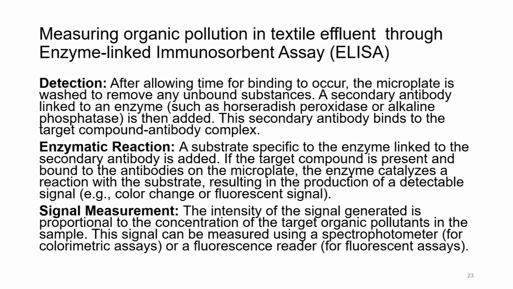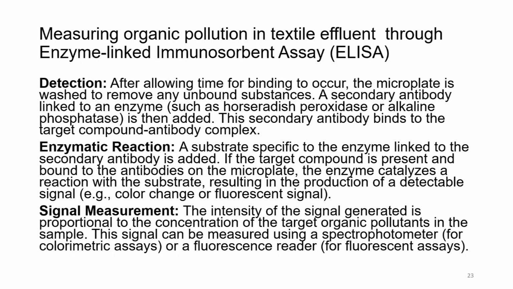Enzymatic reaction. A substrate specific to the enzyme linked to the secondary antibody is added. If the target compound is present and bound to the antibodies on the microplate, the enzyme catalyzes a reaction with the substrate, resulting in the production of a detectable signal, a color change or fluorescent signal.